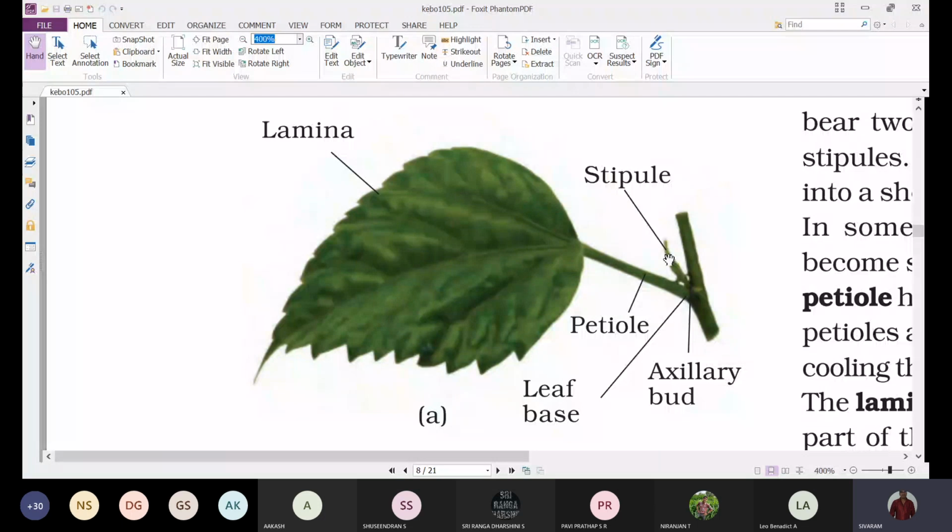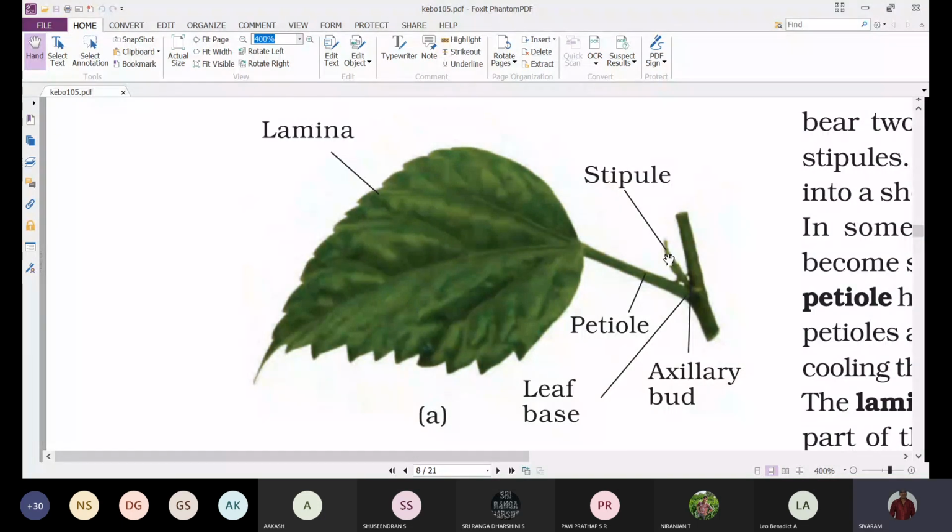Then we find the tip of the lamina. In some plants the tip is pointed, and in some it is round. Here we can see a pointed tip.